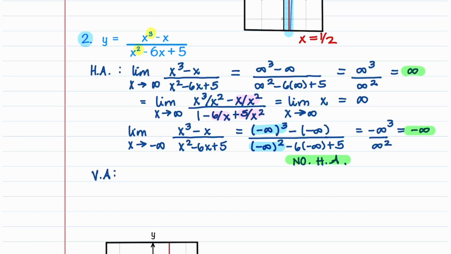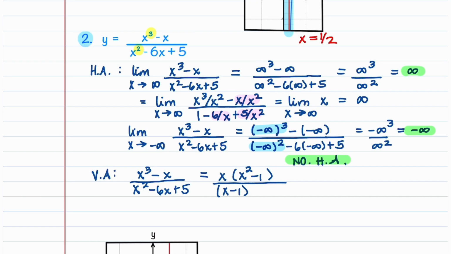So we're going to have to start by factoring the numerator and the denominator. We have x cubed minus x, all divided by x squared minus 6x plus 5. In the numerator, we can pull out an x, so that leaves us x squared minus 1. And then in the denominator, we can factor this as x minus 1 and x minus 5. Notice that in the numerator, we still have a term that needs to be factored, so let's do that. That's x.